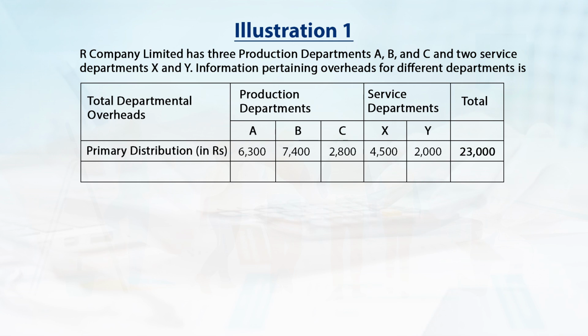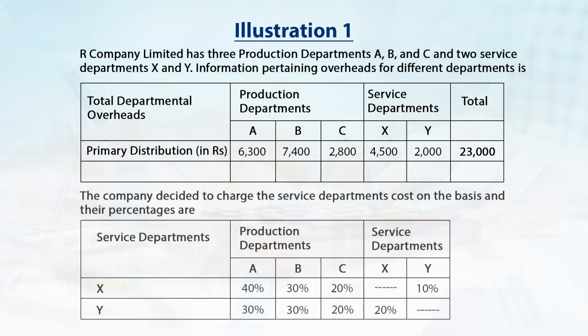The primary distribution is rupees 6,300 for production department A, rupees 7,400 for B, and 2,800 for C. For service department X it is rupees 4,500, and for Y it is rupees 2,000, thereby giving a total overhead of rupees 23,000.